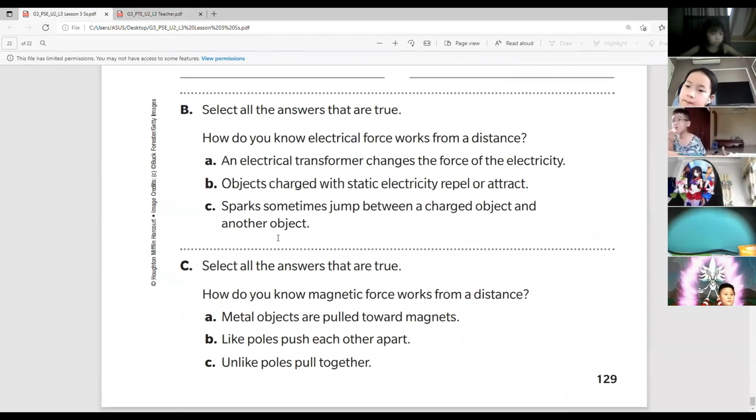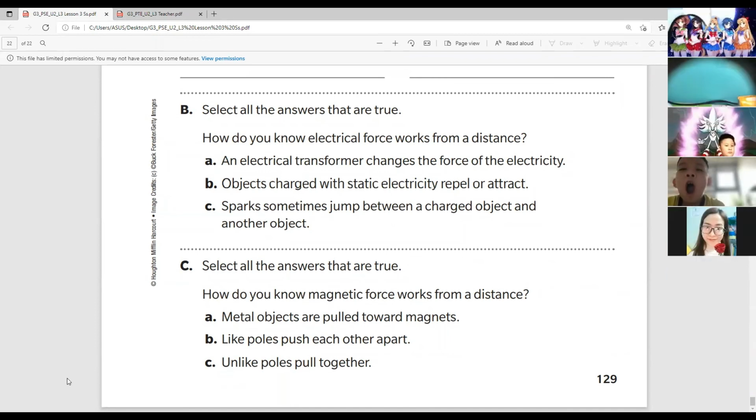Okay, last two, we have B. Sino, can you do B for us? We select all the answers that are true. How do you know electrical forces work from a distance? What did you choose?